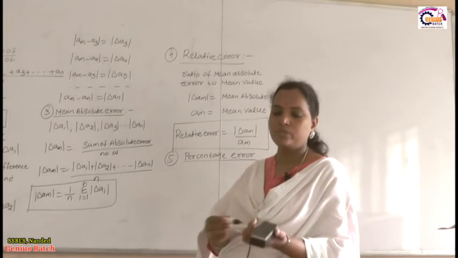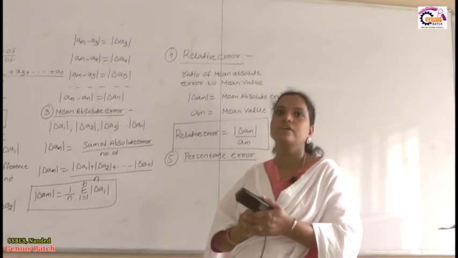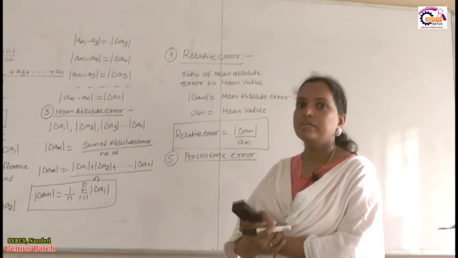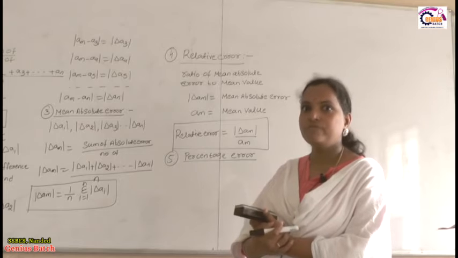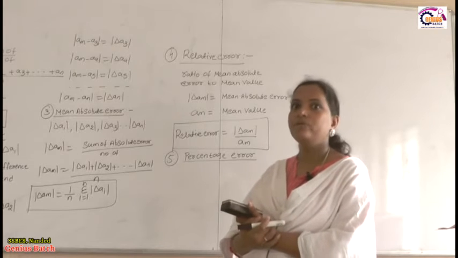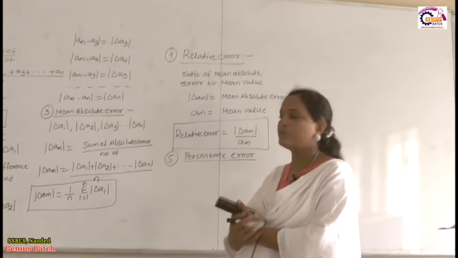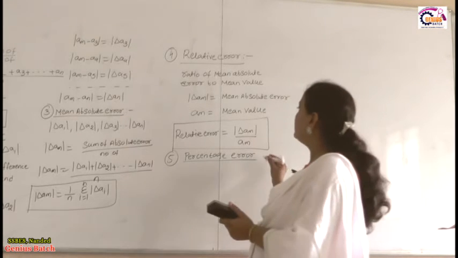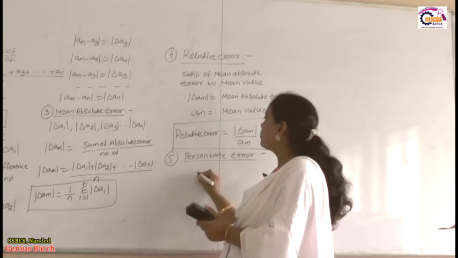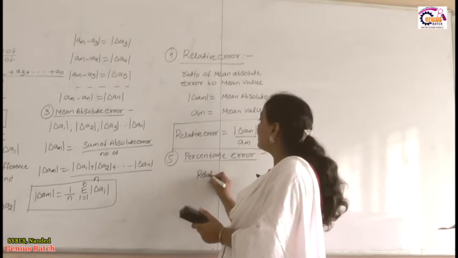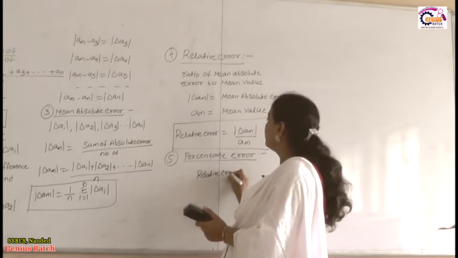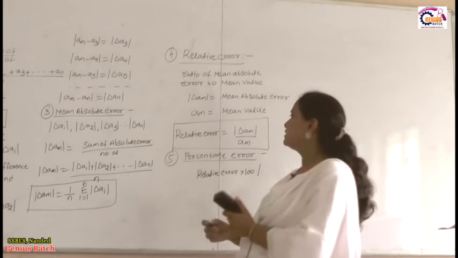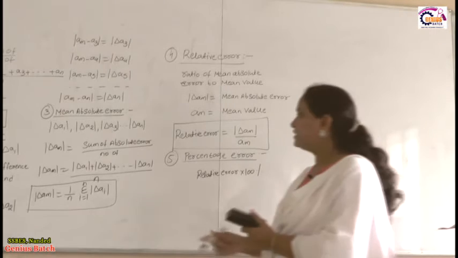In order to find the percentage of your SSC result, we multiply at last the sum of marks of subjects divided by the number of subjects into 100, then you get the percentage. In the similar manner, percentage error is the product of relative error into 100%.